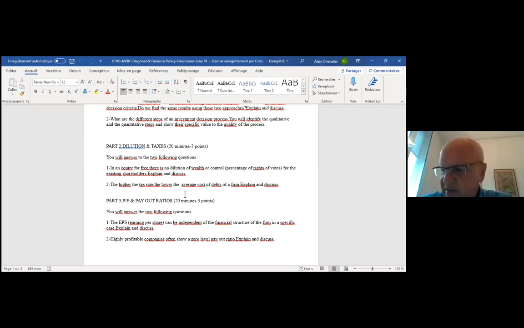It is clear that non-profitable firms don't pay taxes, and the cost of debt after taking into account taxes is equal to the cost before. It means you have 0 multiplied by 1 minus the tax rate, and it's still equal to 0.